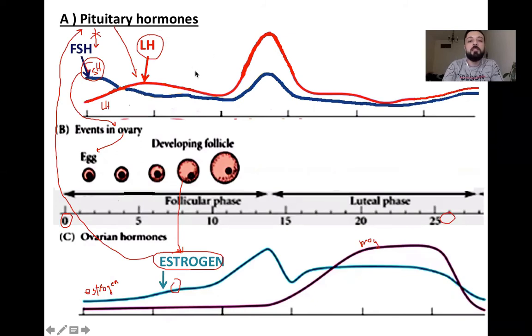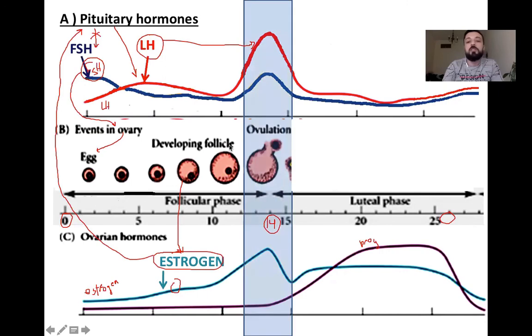As you can see, the LH levels reach their peak around day 14. This will cause a major event called ovulation, meaning that the egg will be released outside the follicle.